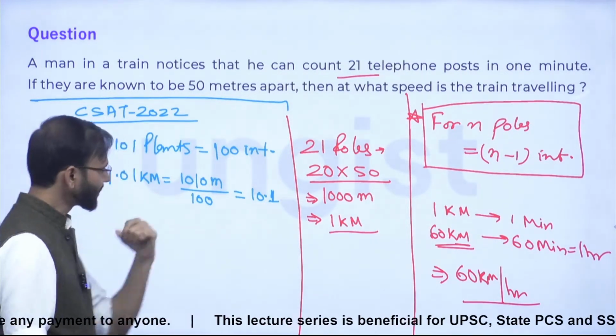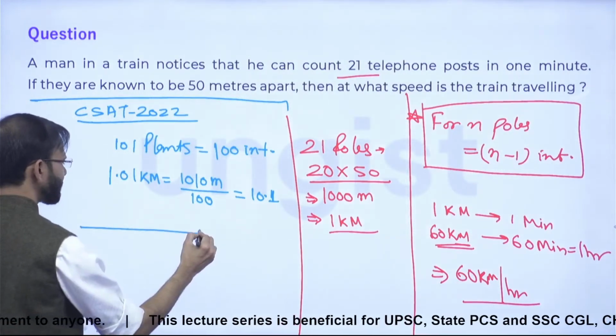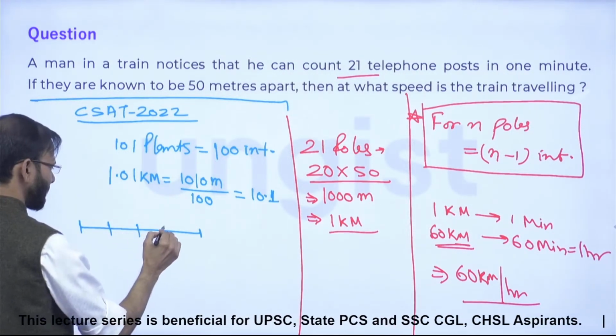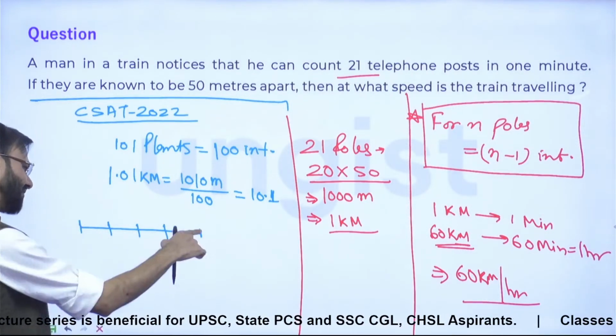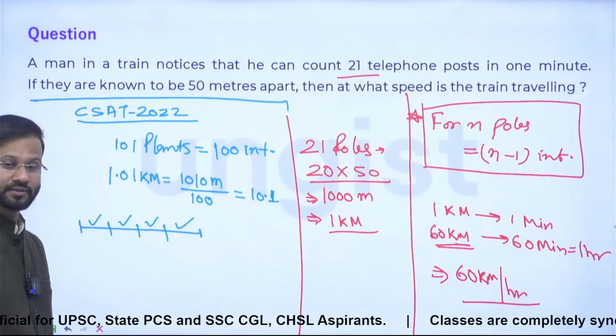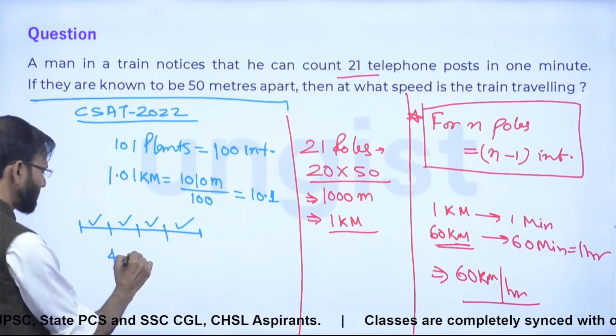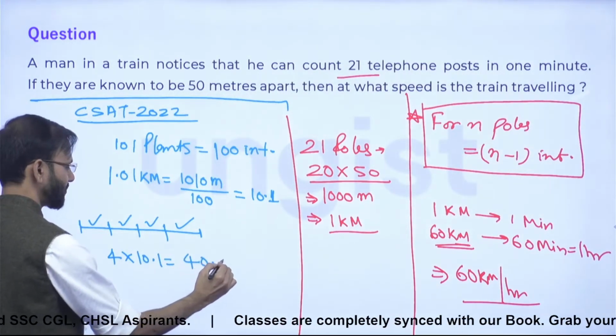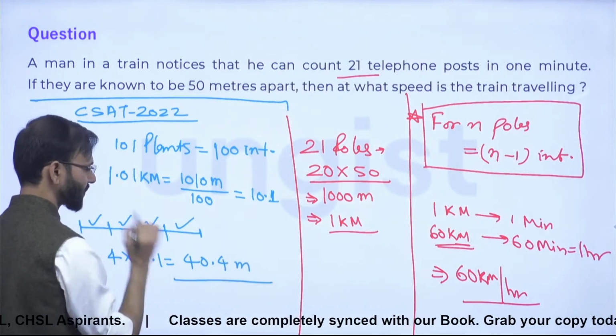Correct? Now the question is saying the distance between 5 consecutive trees or plants, whatever, right? So for 5 plants, how many intervals are there? 4 intervals are there, right? So for one interval, the distance is 10.1. So for 4 intervals, the distance is 40.4 meters.